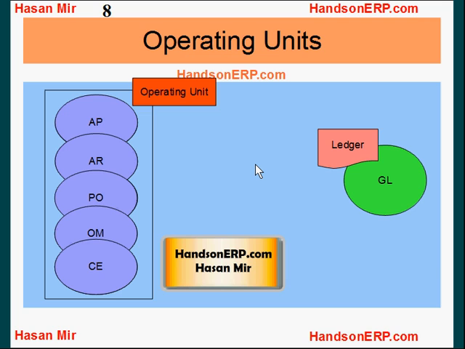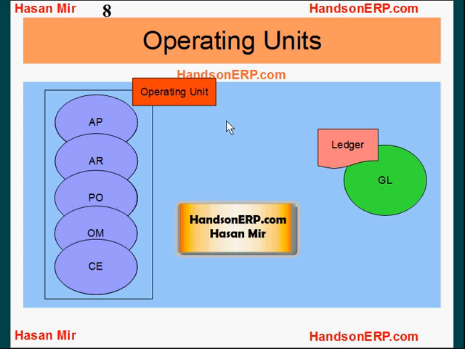So here is the important point. The data in the general ledger module is segregated by ledgers. Data in ledger 1 is not visible from ledger 2, and so on. And data in all these subledgers is segregated not by ledgers but by operating units. So invoices that you enter in payables go in a certain operating unit.